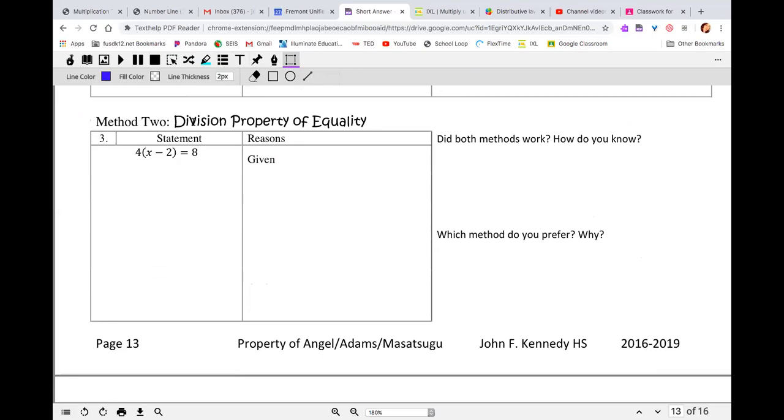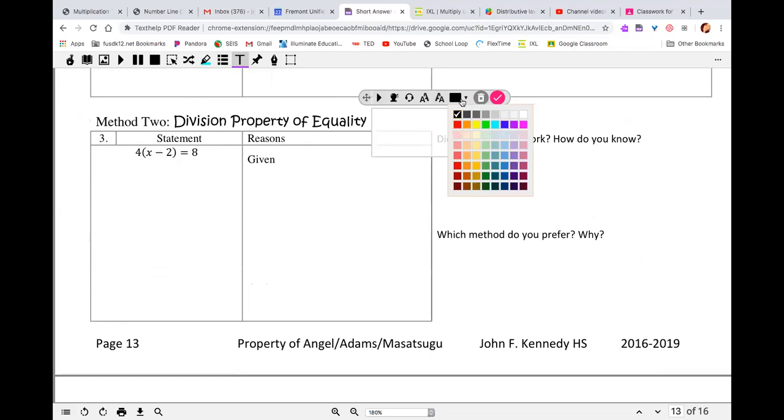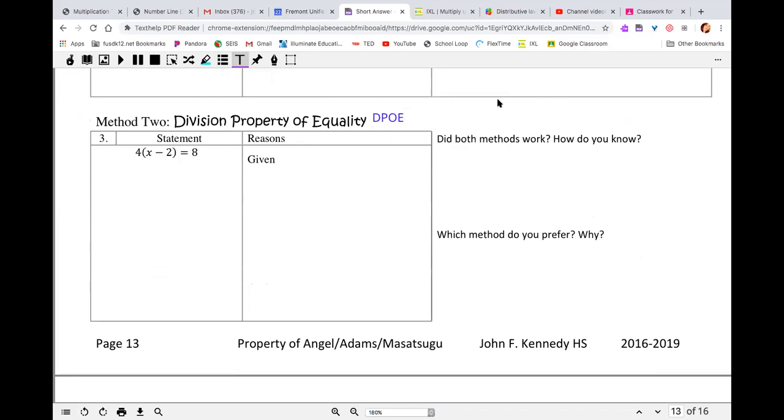So division property of equality, how do we write that? DPOE. Okay, so now I'm going to show us how we can use DPOE to do this.